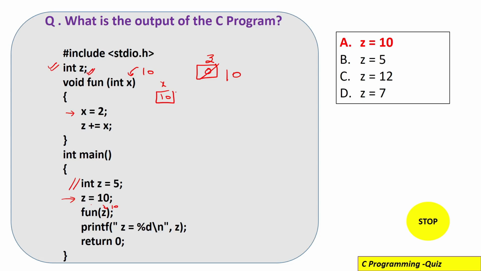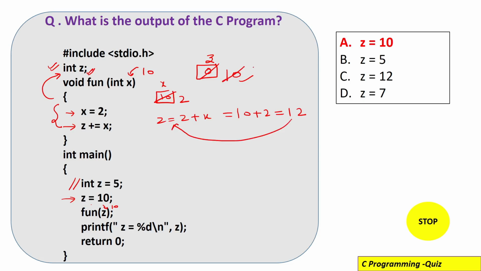Now by this line we are changing it to 2, and this line is saying z equal to z plus x. Here there is no local z, so we will directly go to global z. Global z has the value 10, so this will be 10 plus 2, that means 12. This 12 will go into this z, and this z is the global z.